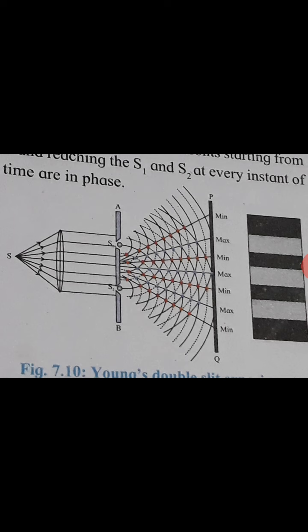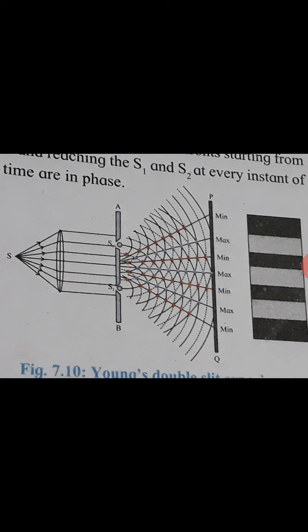When the intensity is minimum, it becomes exactly zero as both have the same amplitude. So when the intensity is zero, we'll get the dark band, and when the intensity is maximum, we'll get the bright band on the screen PQ.